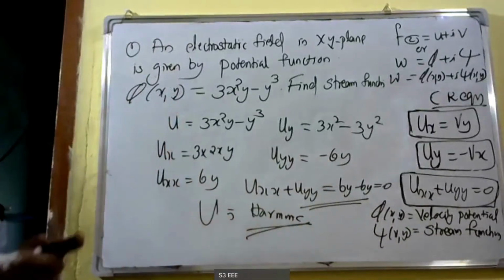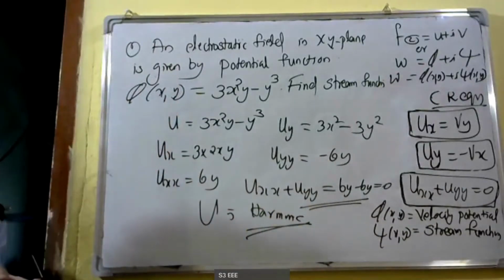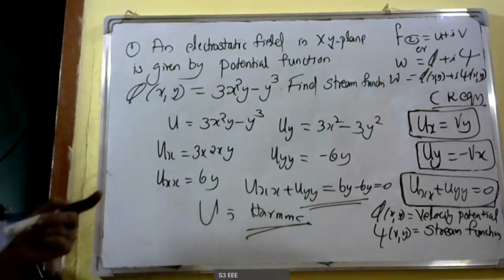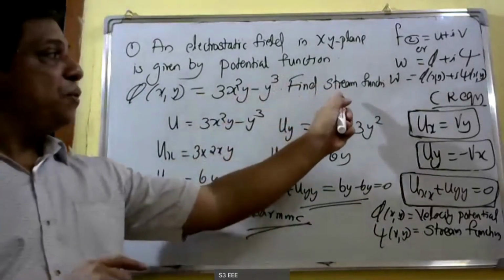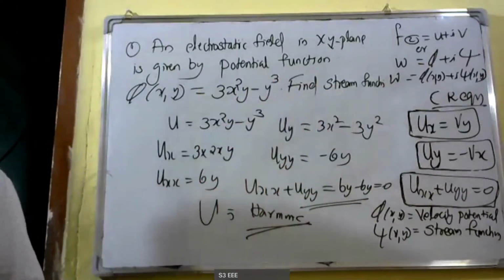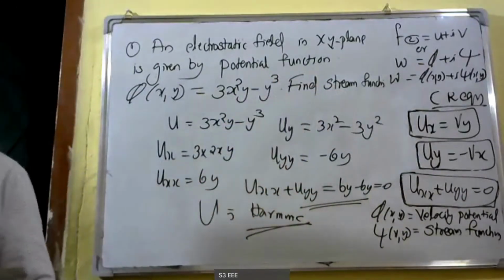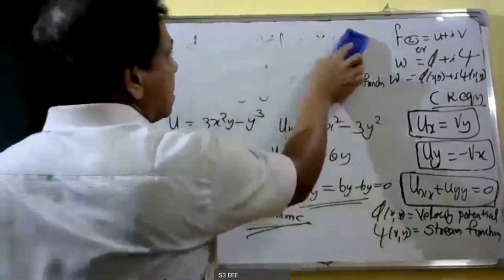Next, with the help of the Cauchy-Riemann equations, we can find the value of v. Here v is the stream function. We should remember some results.